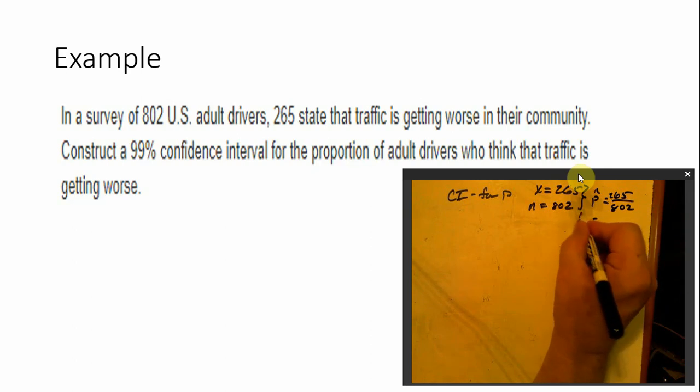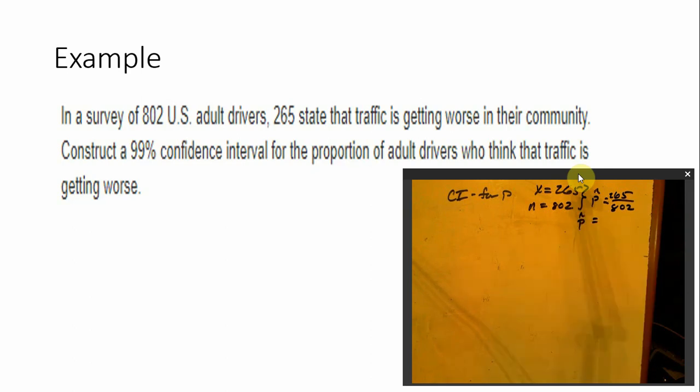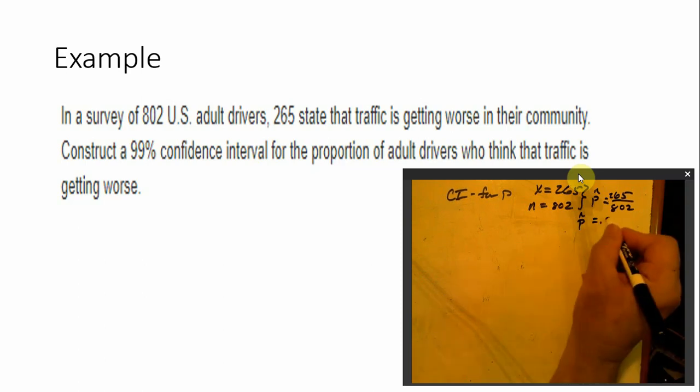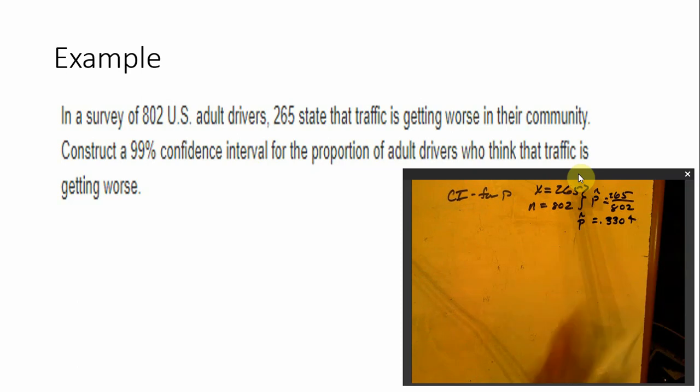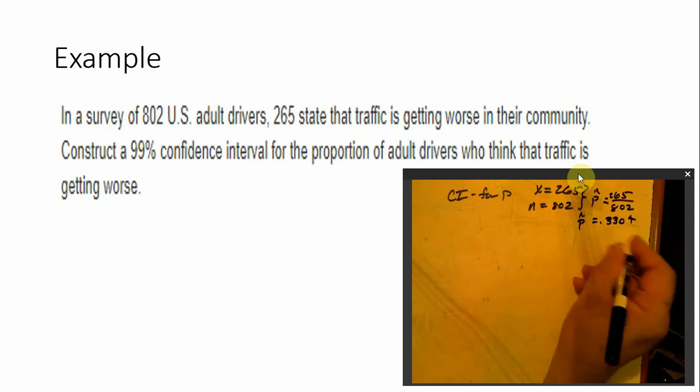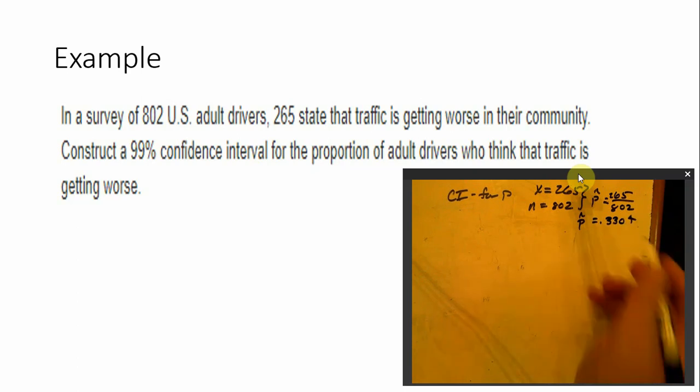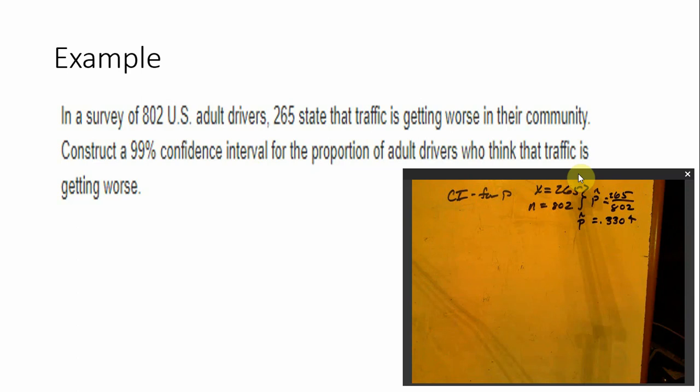So my p hat is going to be 0.3304. We can just call it 0.33, but I want to keep as many digits as I can, so we'll go with that. Okay.